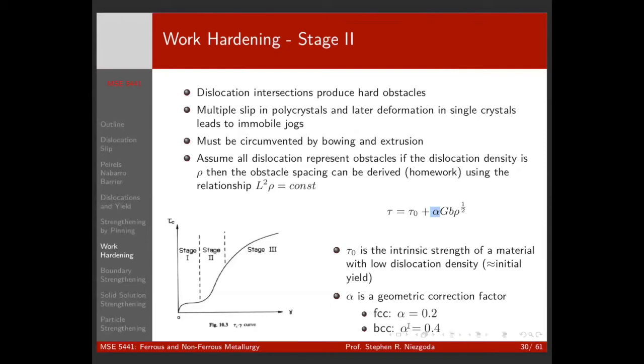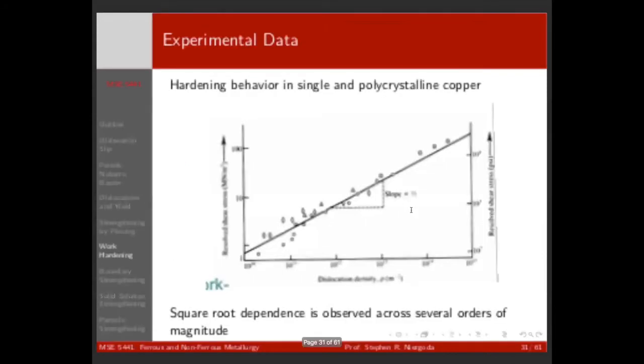But for FCC, it's typically smaller than BCC, right? And this has to do with the number of different slip systems available, right? So BCC metals will tend to work harden more than FCC metals. Is the takeaway there.